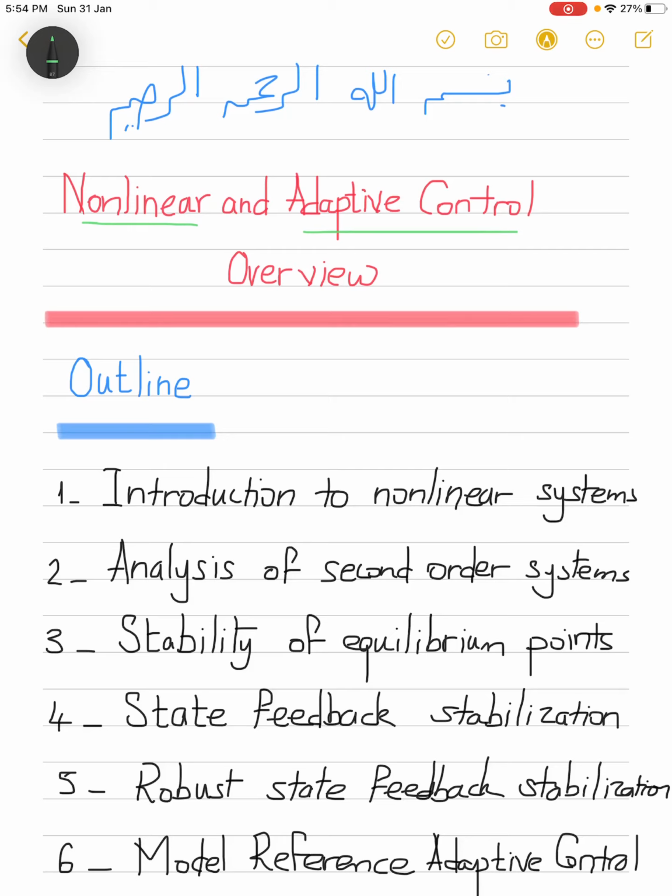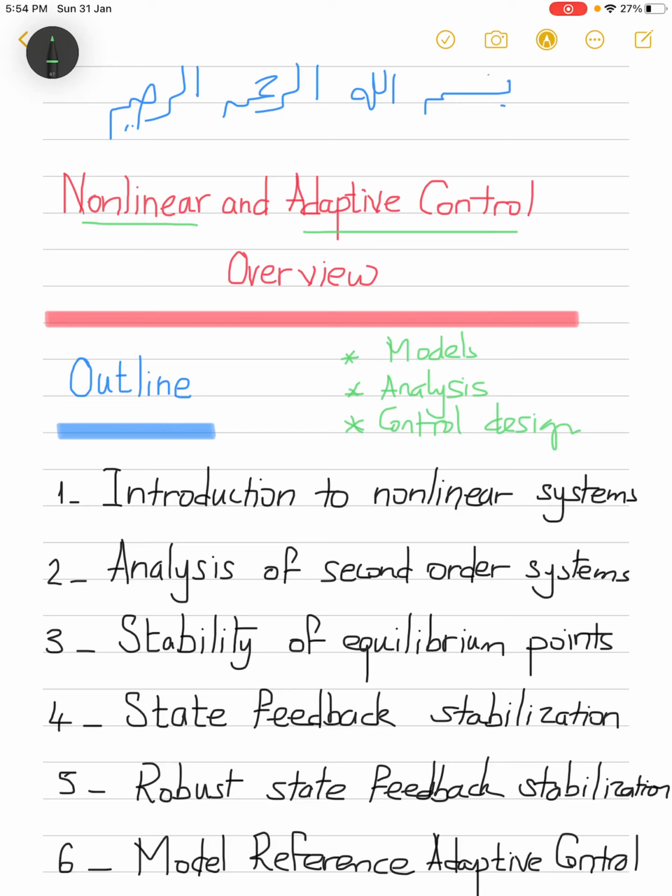As we know, in control systems in general, we normally start by talking about the models, then analysis, and then we do control design.